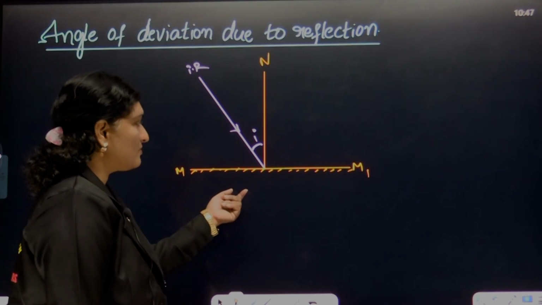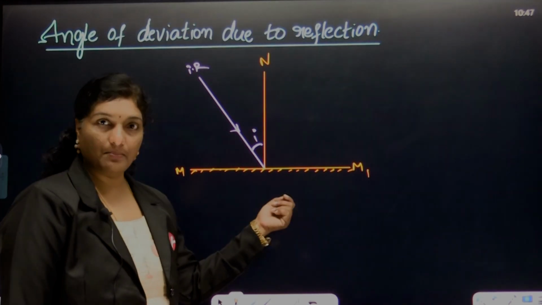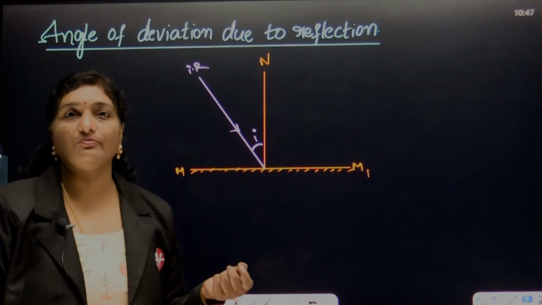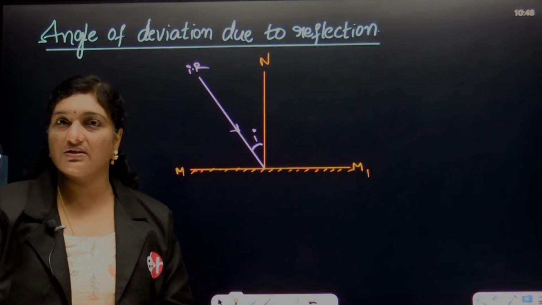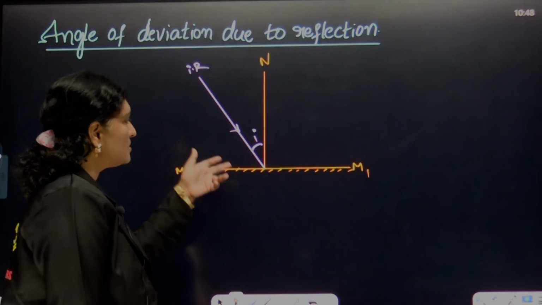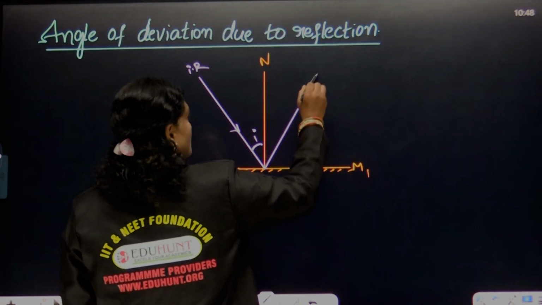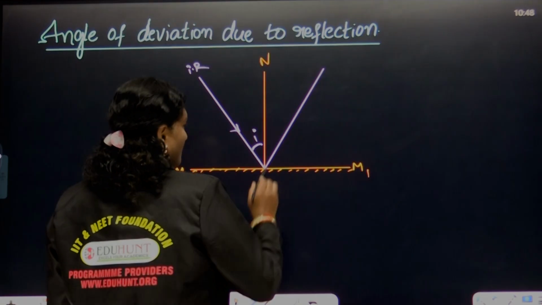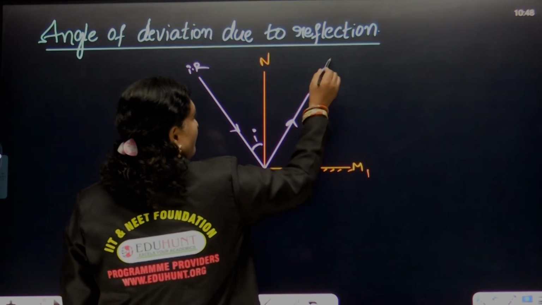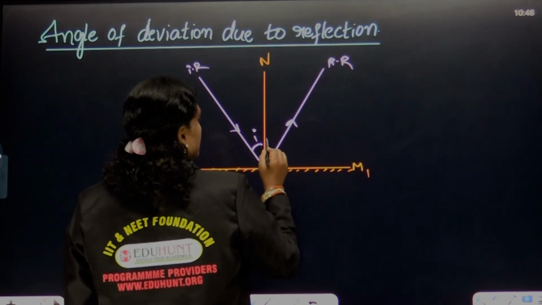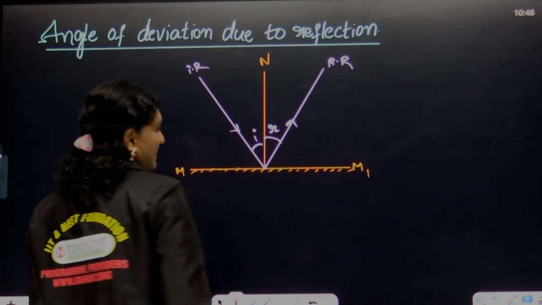As we have considered a plane mirror, which is generally a very highly polished and smooth surface, most of the light falling on it must be reflected back into the same medium. So, this is your reflected ray and this must be the angle of reflection.